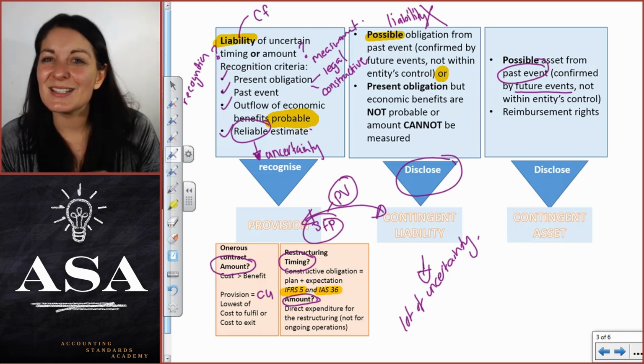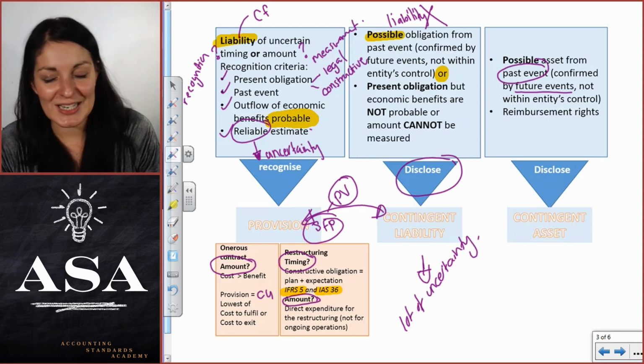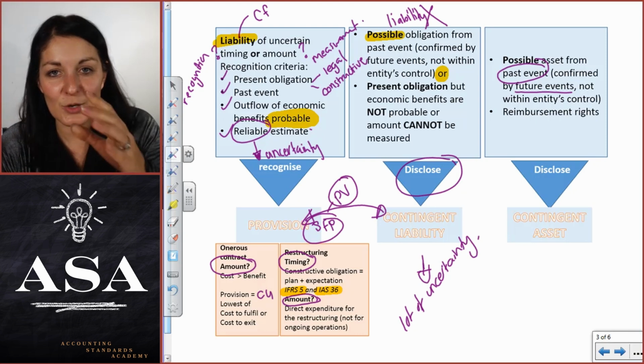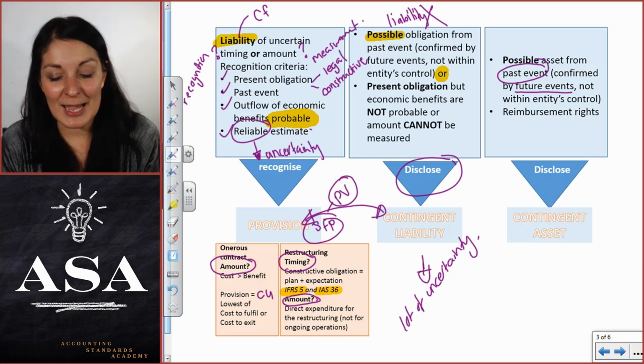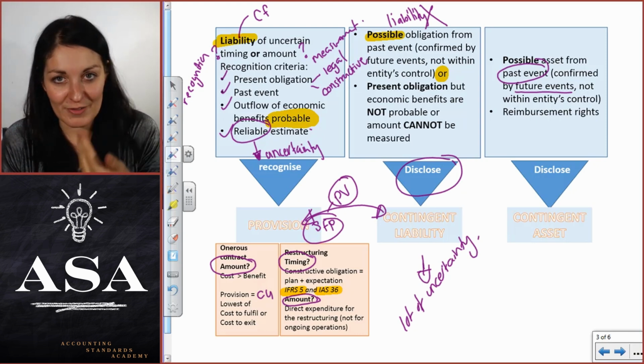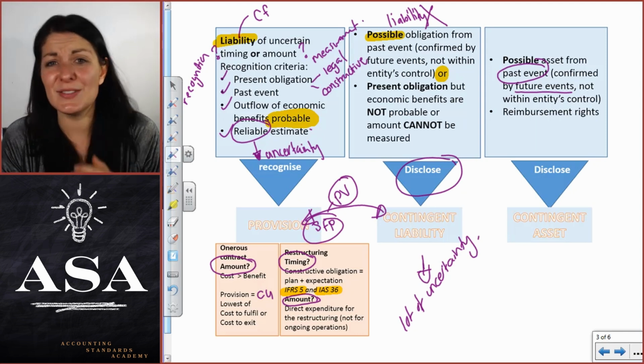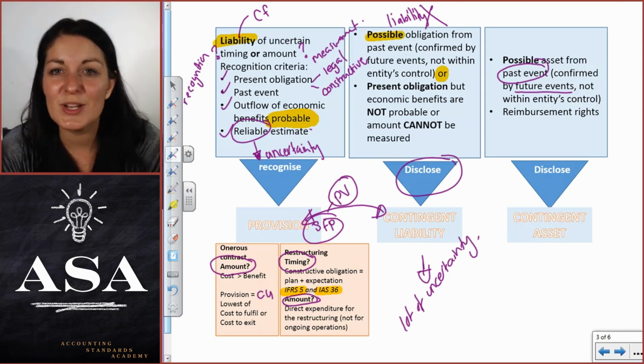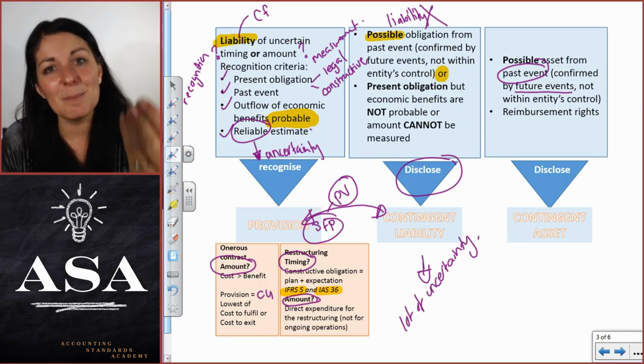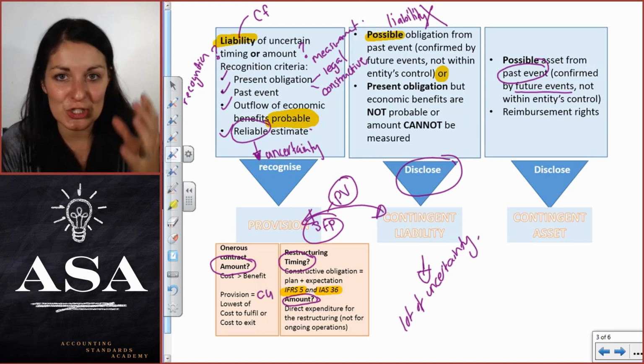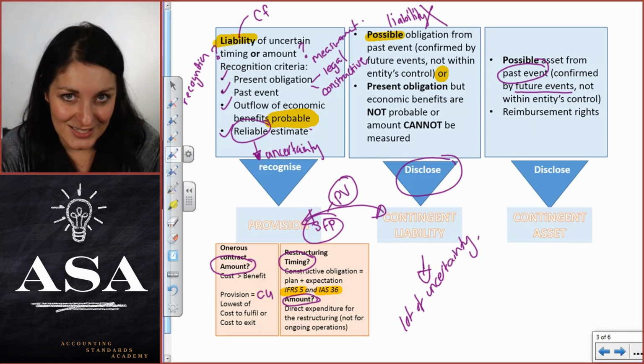But where it is virtually uncertain that we will get the inflow of economic benefits, we don't even think about disclosure there. We just ignore it. But where there's a possibility, we have to disclose it as a contingent asset.